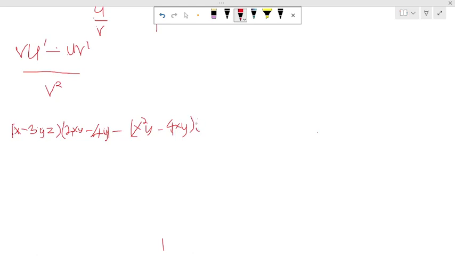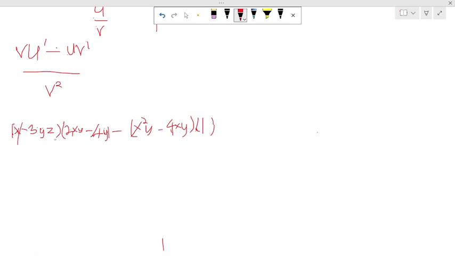Our v is given by x minus 3y. Differentiating with respect to x here will give us 1, and now the other expression will give us 0 because there is no variable x inside.